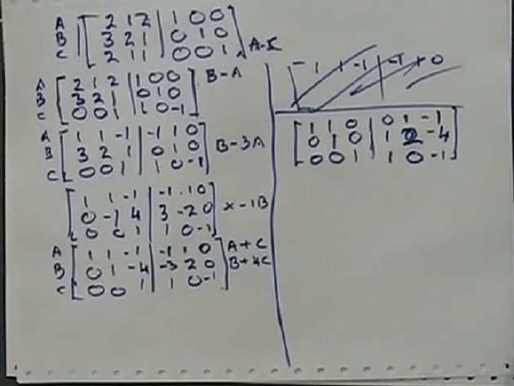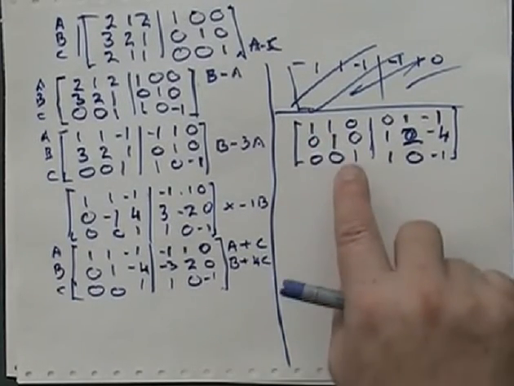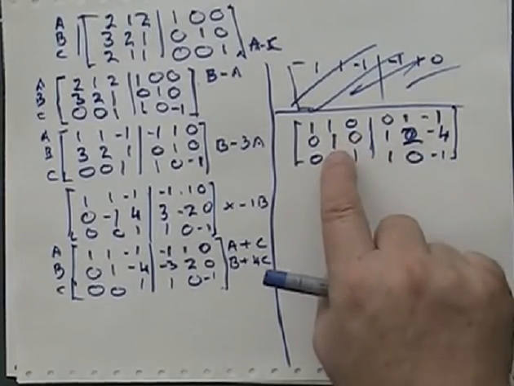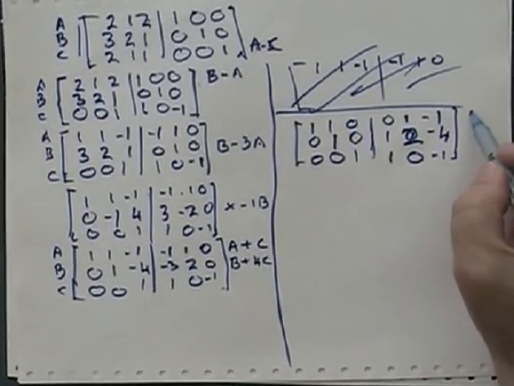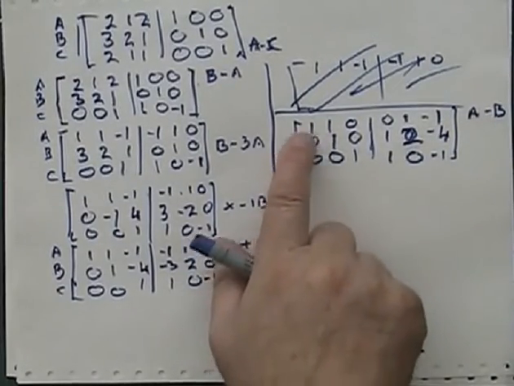Okay, so now I just want to turn this into a 0. Hopefully you can see by now that if I subtract this row from this row, so A minus B, that will become 0.